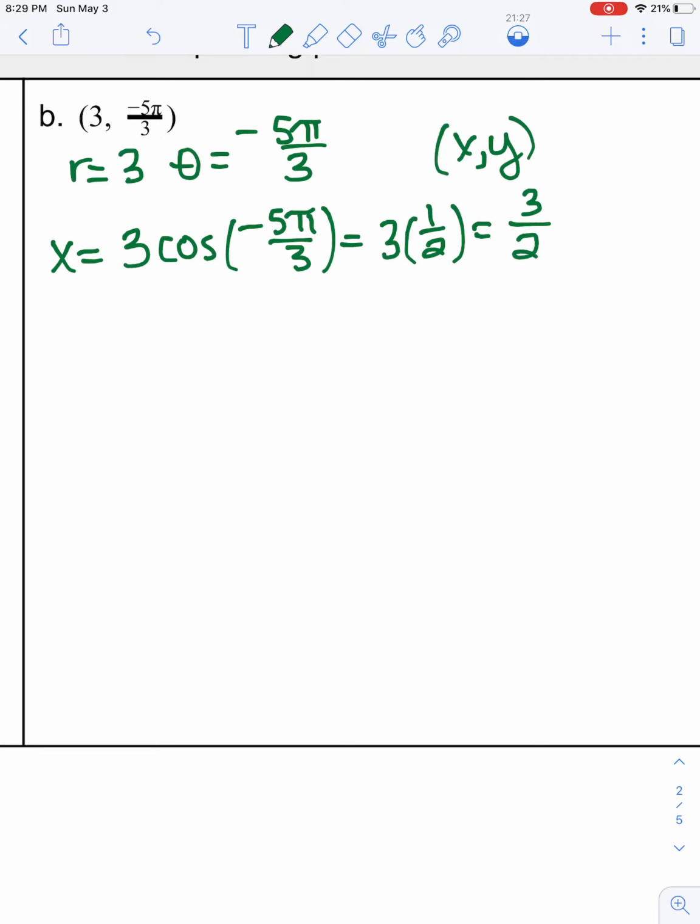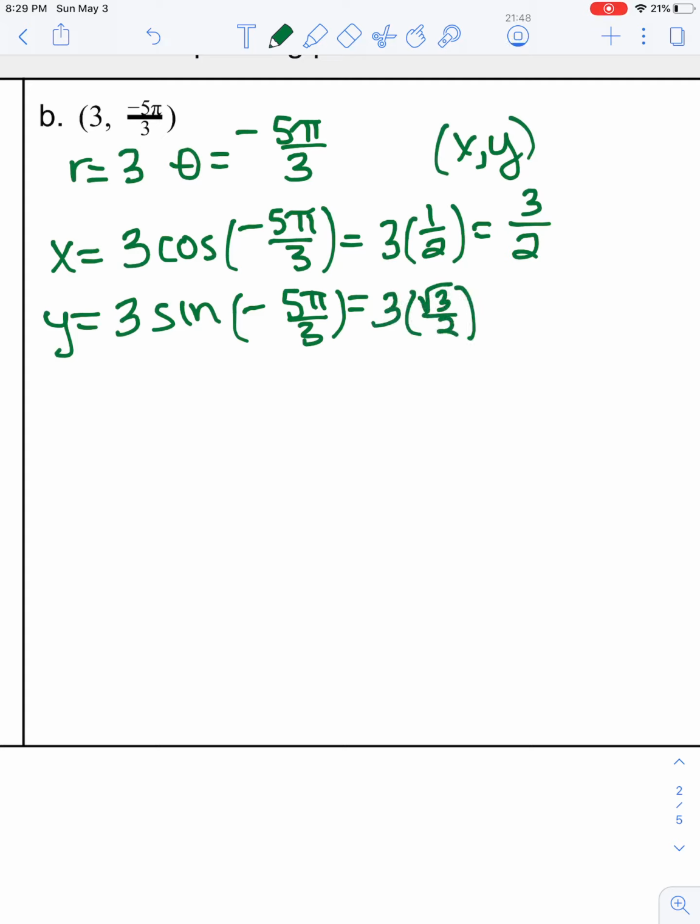We also know that y is equal to 3 sine of negative 5 pi over 3. And from our work with the unit circle, we know that sine of negative 5 pi over 3 is root 3 over 2. So this becomes 3 times root 3 over 2, which is just 3 root 3 over 2.